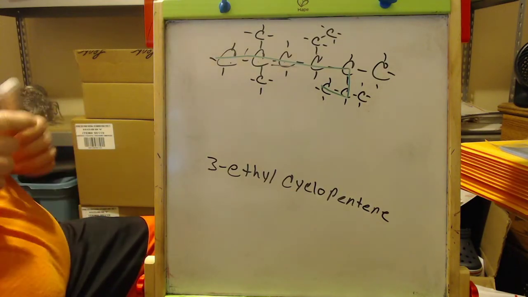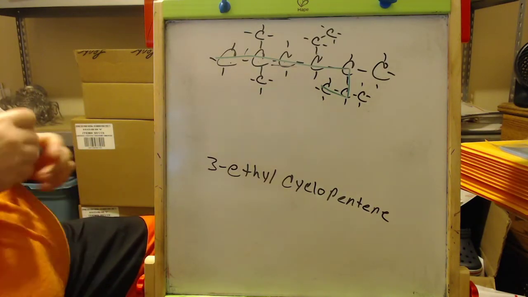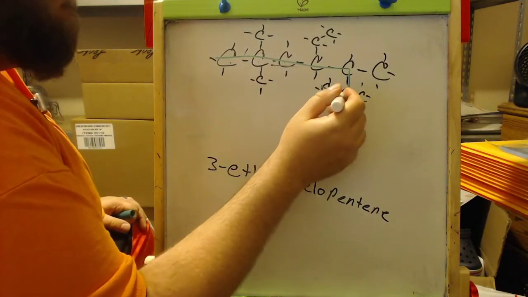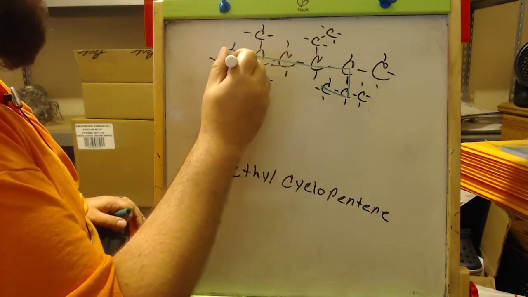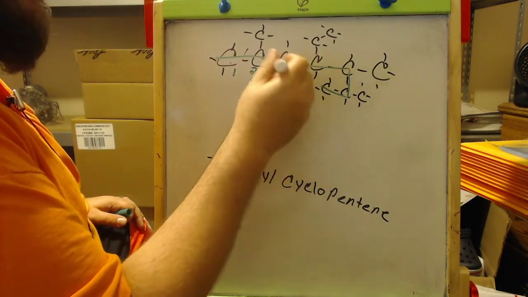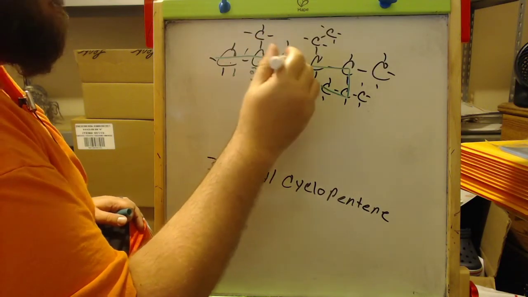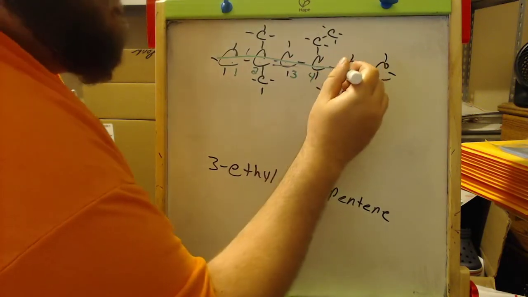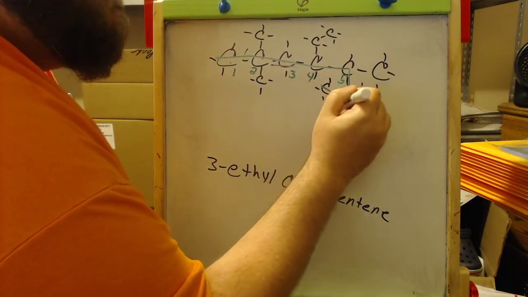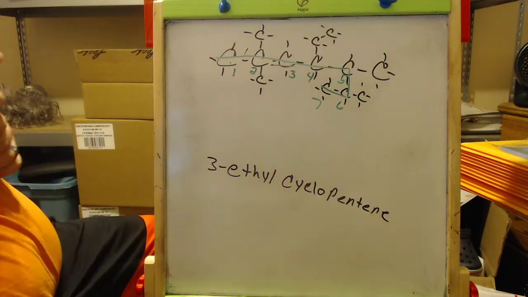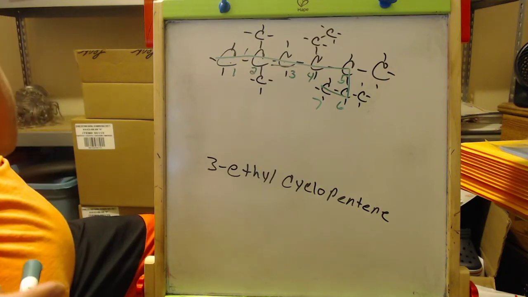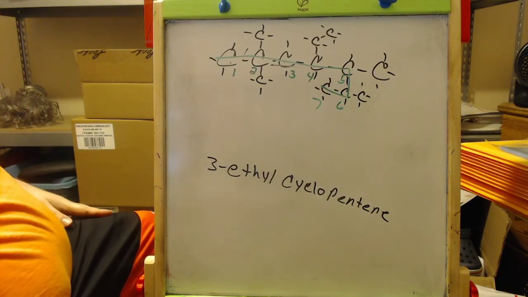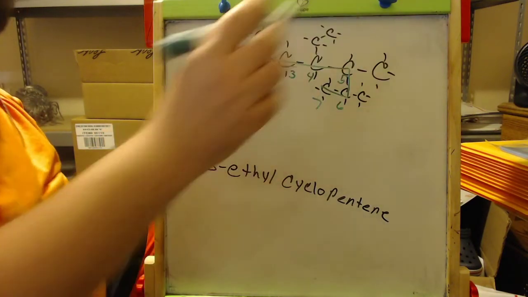So we've got to number it. Okay, we've got to number it. Shortest distance, I could either go here or here. I'm going to go this way because they're both 1 or 2, but I'm going to go the one that has the double bond on it. There's 3, there's 4, here's 5, here's 6, here's 7. Okay, so what do we got here? I've got 7 carbons in a row.